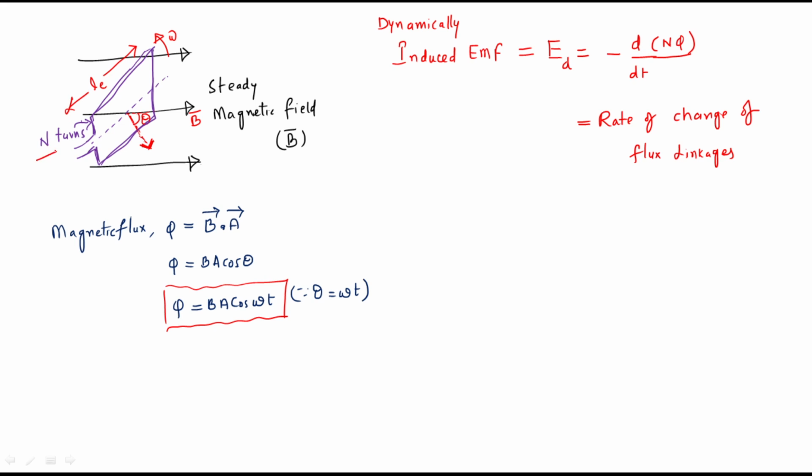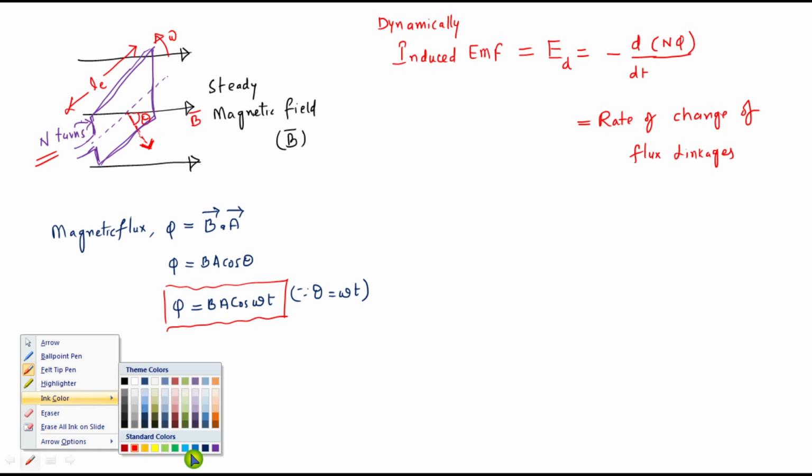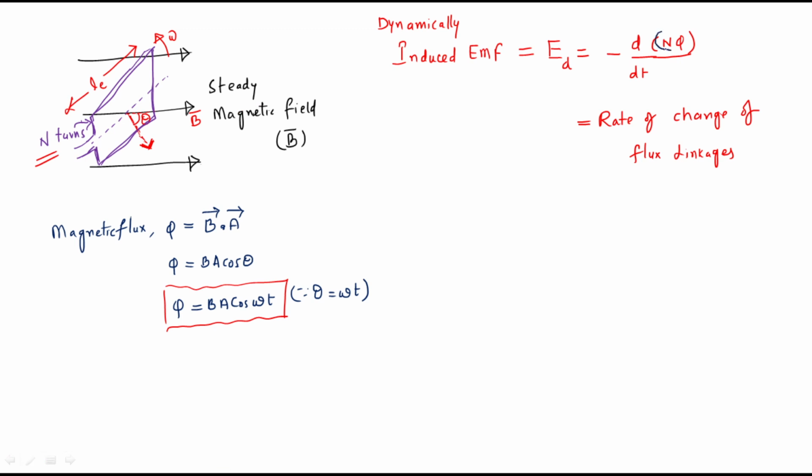We have n number of turns, and a magnetic field. So n phi is nothing but the flux linkage, and we take its rate of change. Simply, ED equals minus n d by dt.